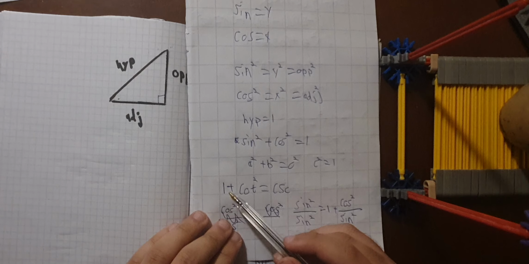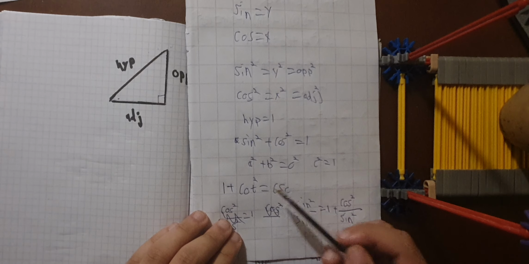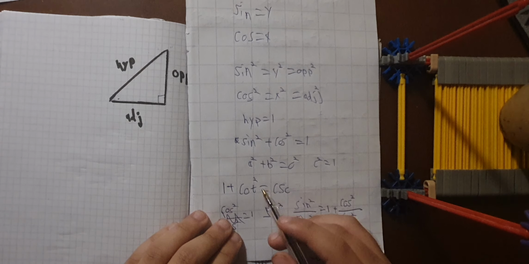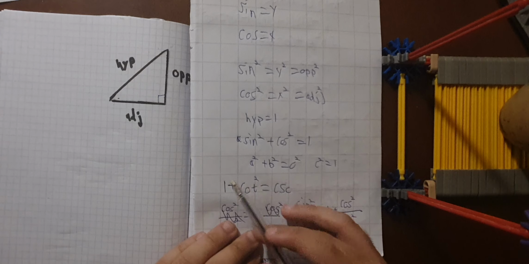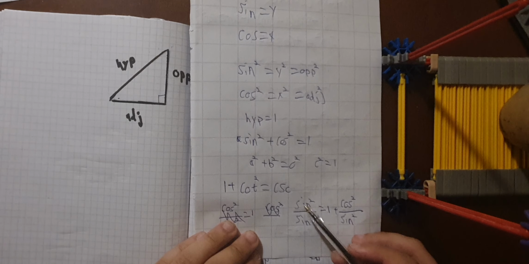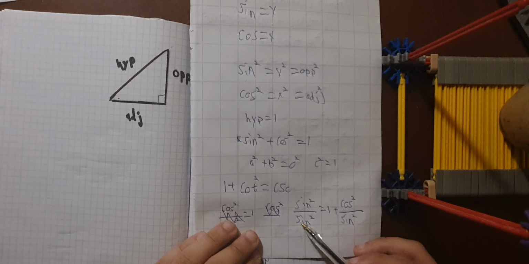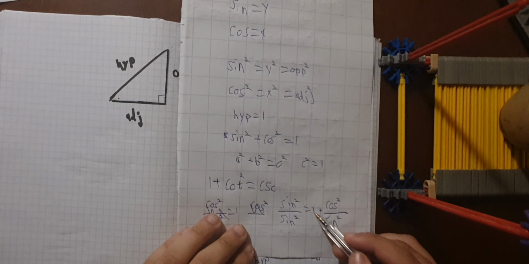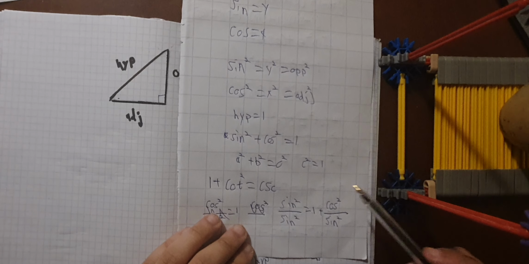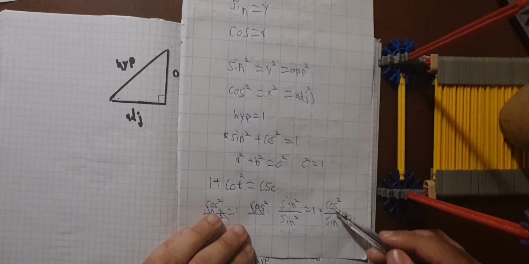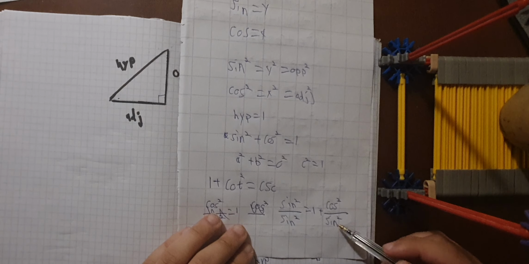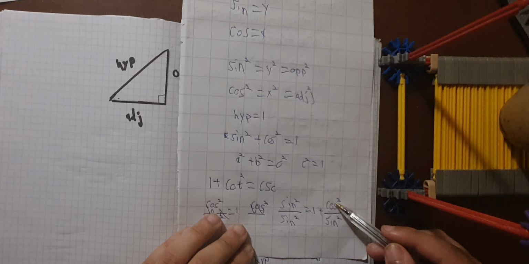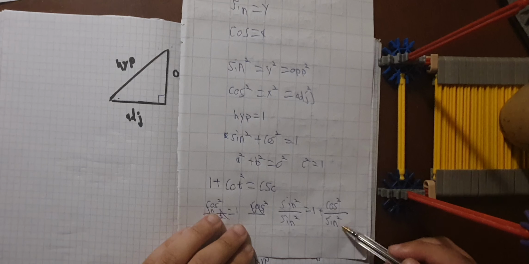Now, you have 1 plus cotan squared equal cosec squared. But why is that? Well, 1 is equal to sine squared over sine squared, which is just 1. And cotan squared is cosine squared over sine squared, because it is adjacent over opposite.